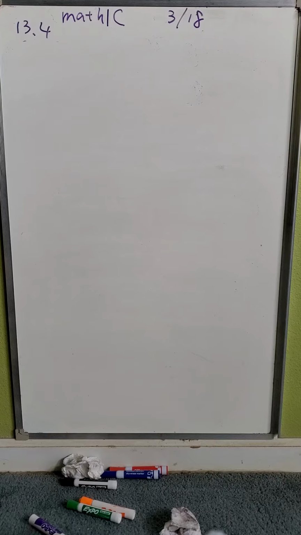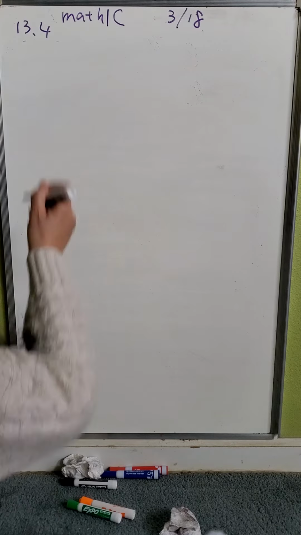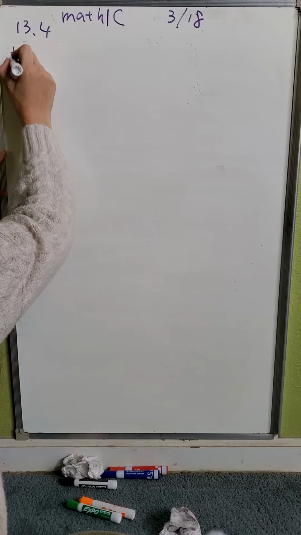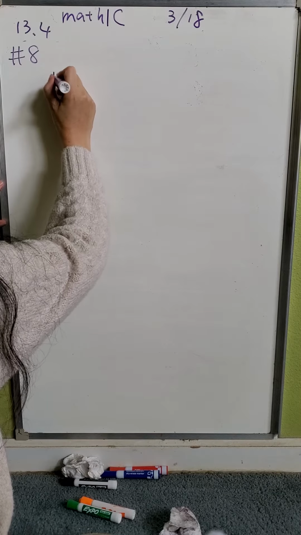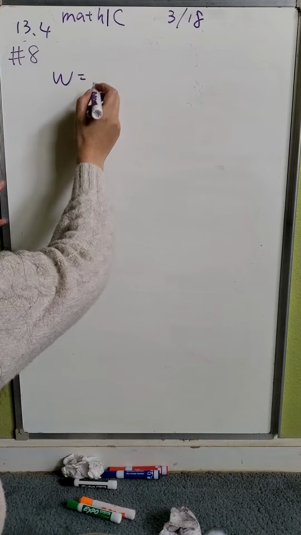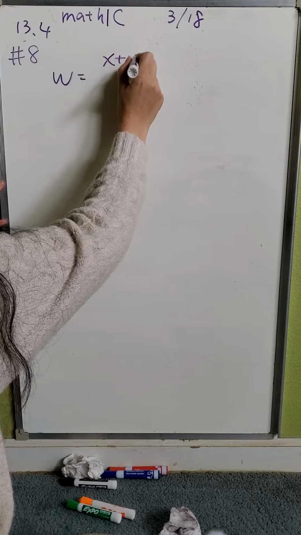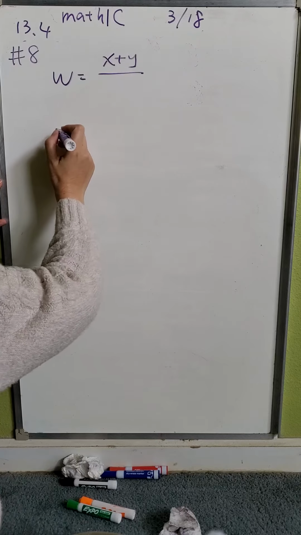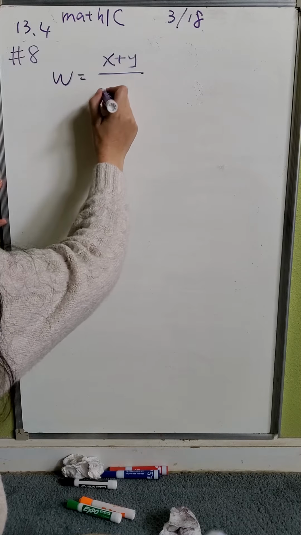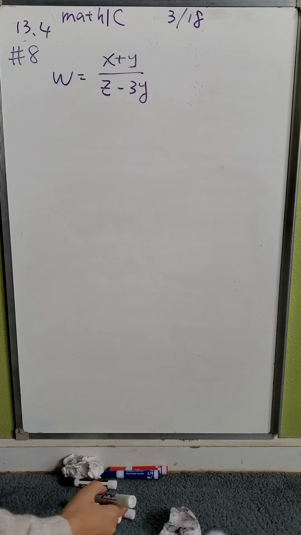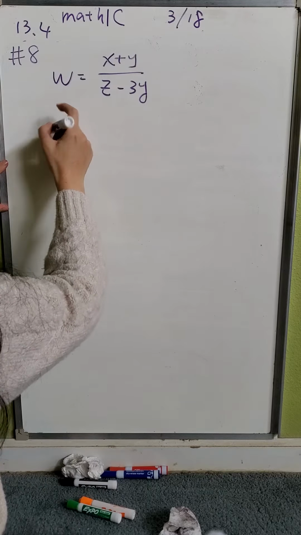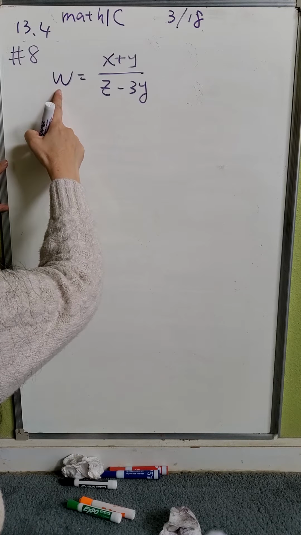Here's problem number 8. We are given a function w equal to (x plus y) over (z minus 3y). What they want is to find the total differential for w.